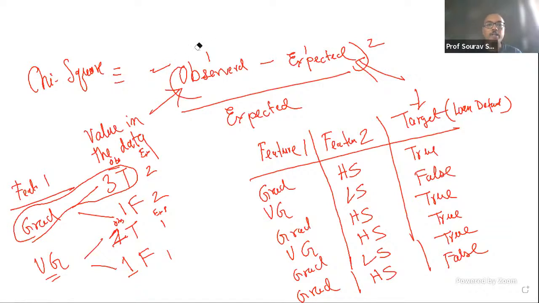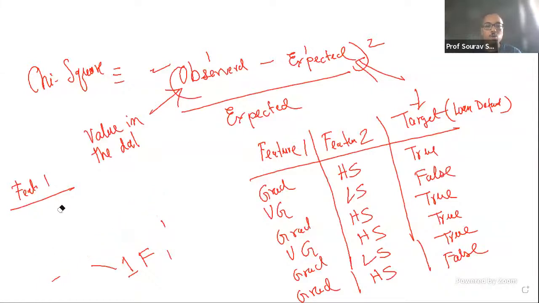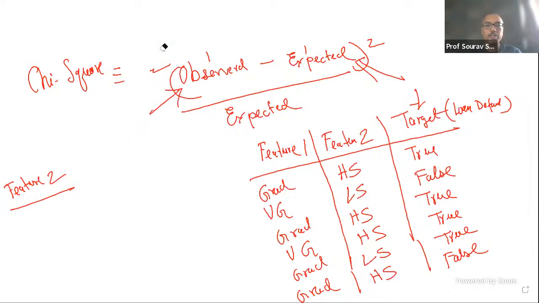Similarly, let's calculate the chi-square value for feature 2. For feature 2, we can take the high salary and low salary.